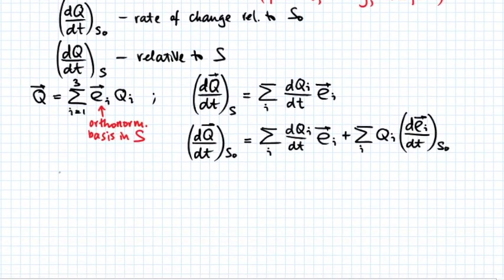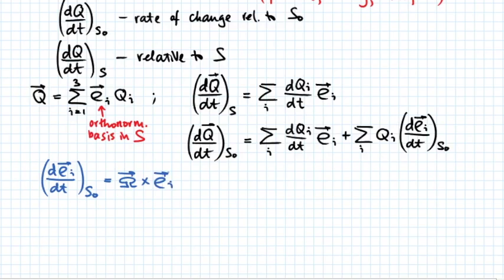We saw previously that the rate of change of a fixed unit vector relative to non-rotating frame is given by the cross product of angular velocity times the vector itself.